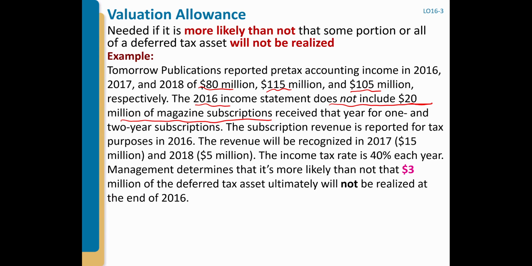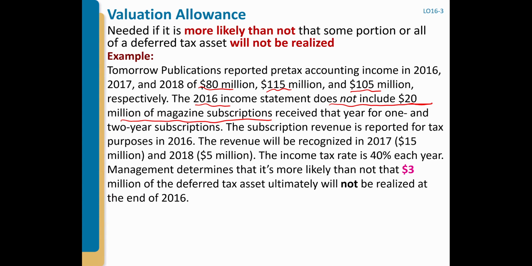Remember that 20 million received that year is money we receive in advance, right? So again, it's just similar to the example we just talked about. When you receive it, you debit cash, you credit deferred revenues, right? So you don't recognize the revenue. That's why you won't report that item in 2016, right?